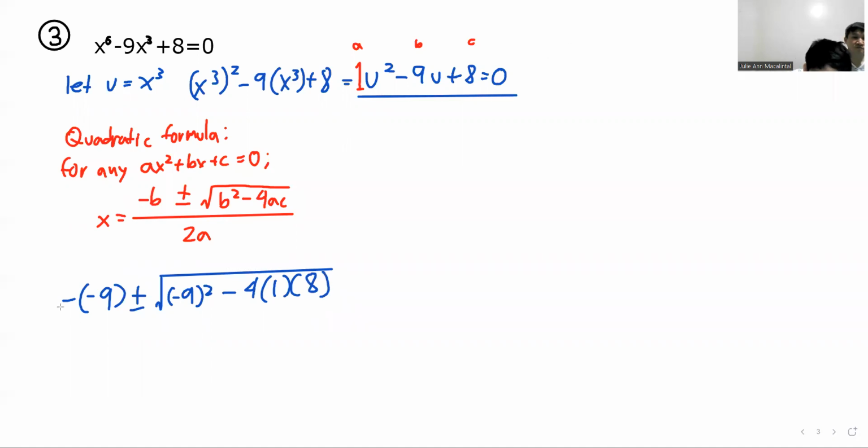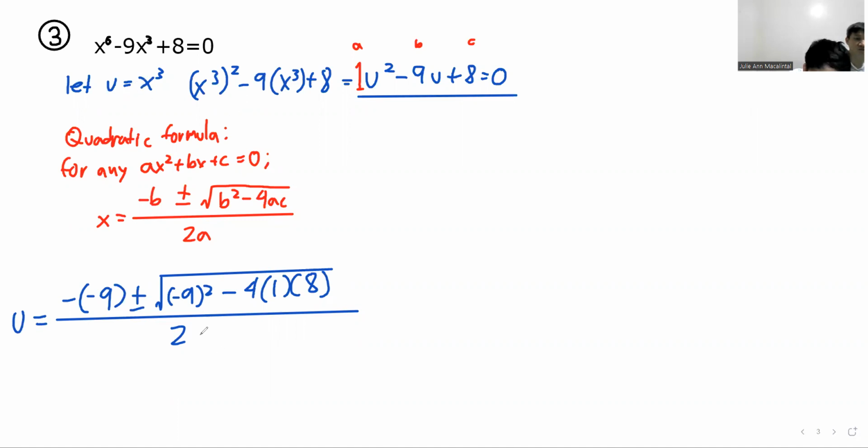Then the long denominator, long fraction bar, just multiply. We are still not at x because we let u equals x cubed.